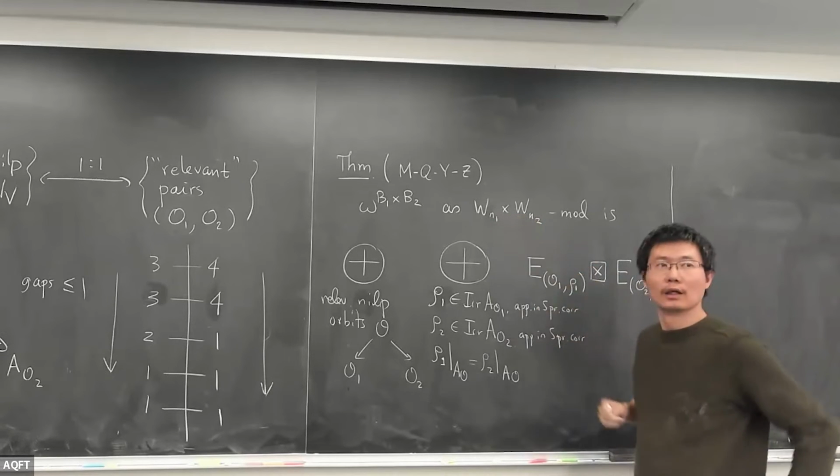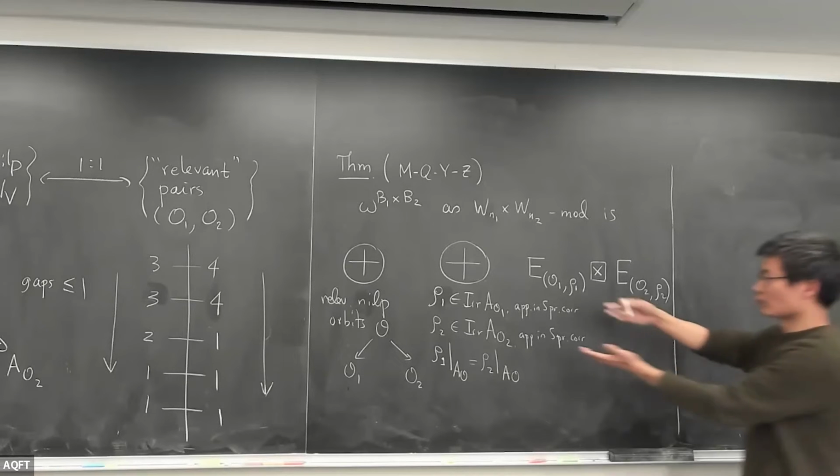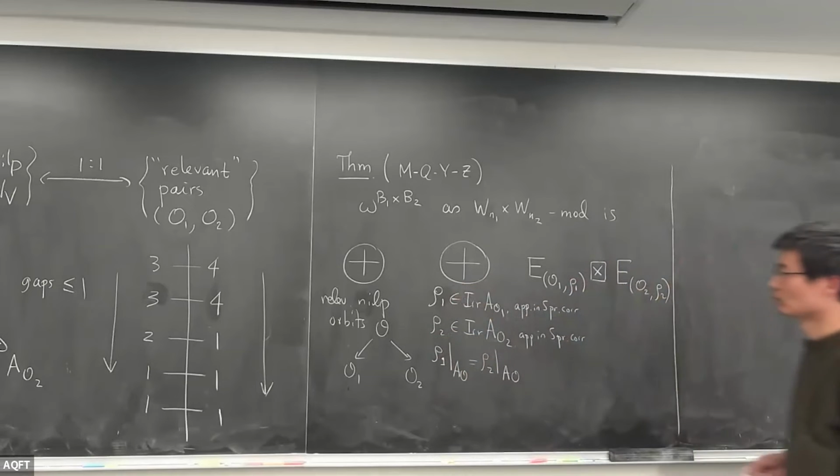Right, but Roman's question was whether it's true that if rho1 appears in Springer, then rho2 appears there automatically. And I'm saying that cannot be. Right, there's no relation of priority. In this sum, rho2 is not determined by rho1. No, it's not.